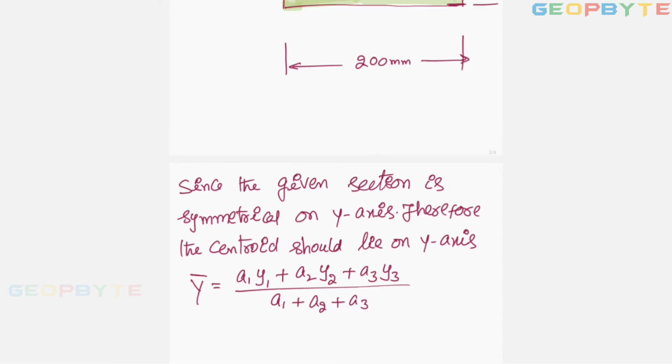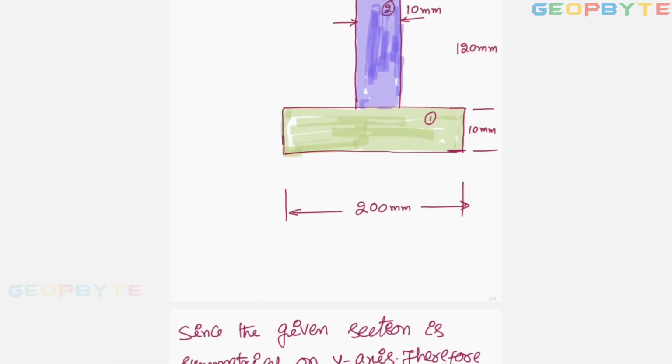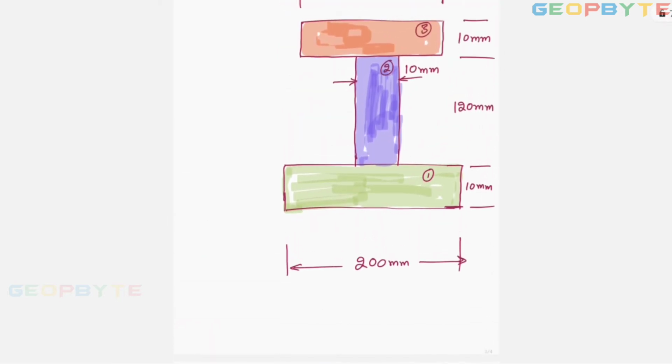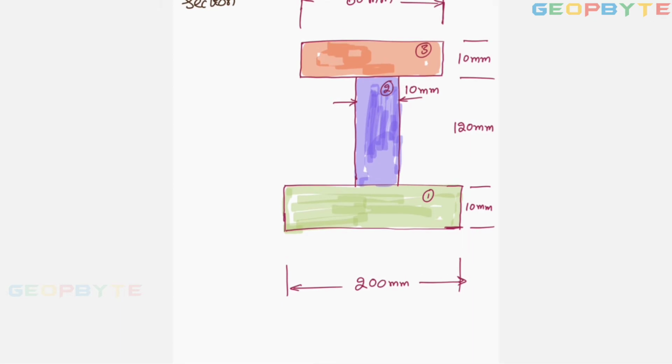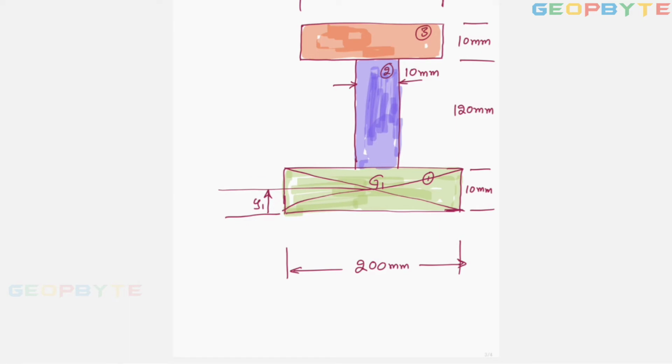Now let us mark y1, y2, y3. You join the diagonals for section 1. Wherever the diagonals are meeting, that is the centroid for section 1, G1. Then this is y1. Tell me what is y1? y1 equal to 10 by 2.